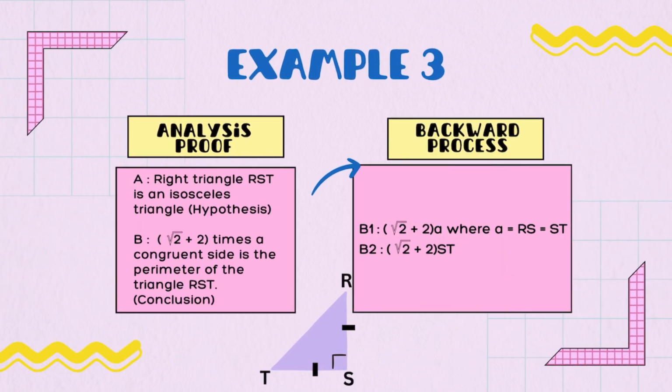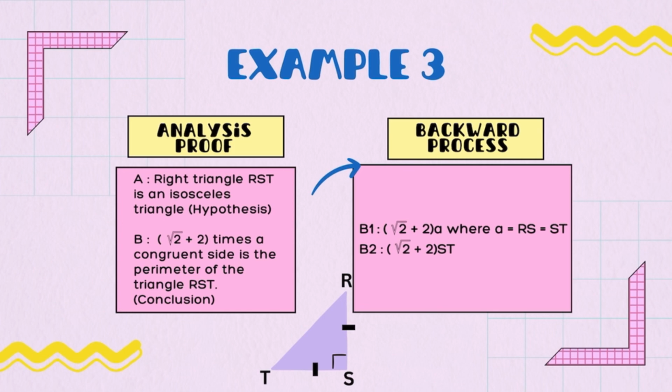Analysis proof. We know that if A then B is equivalent to A implies B. So A, right triangle RST is an isosceles triangle, is the hypothesis, and B, square root 2 plus 2 times a congruent side is the perimeter of the triangle RST, is the conclusion.